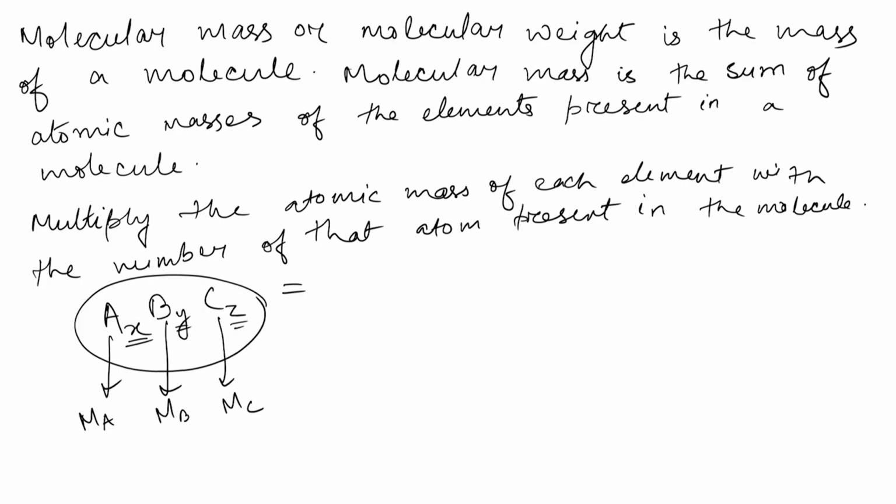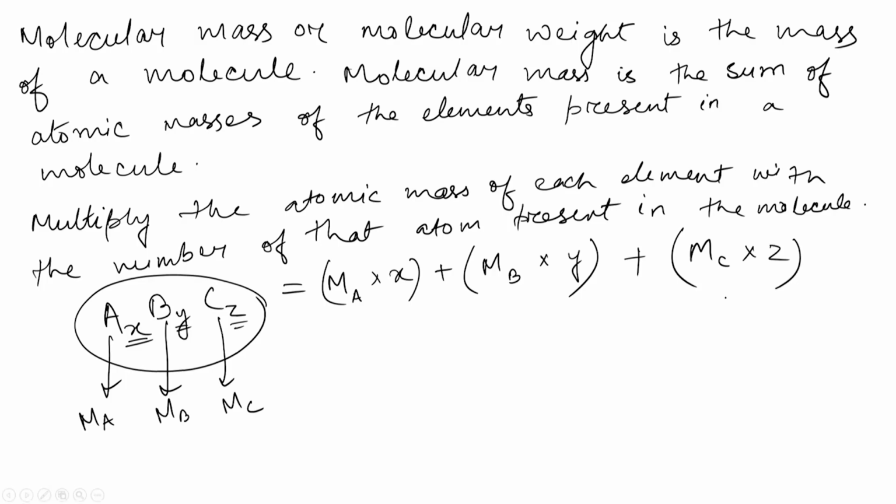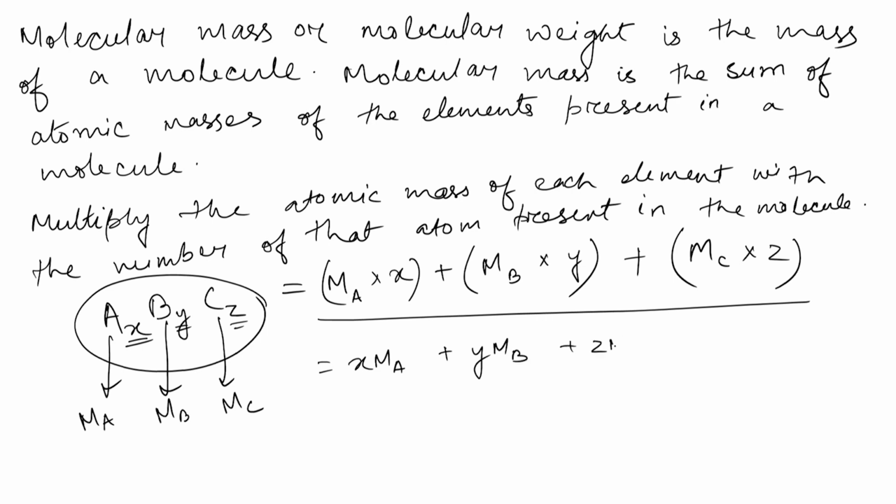We will calculate the molecular mass as the atomic mass of A multiplied by the number of atoms of A, plus the atomic mass of B multiplied by the number of atoms of B, plus the atomic mass of C multiplied by the number of atoms of C. So, the molecular mass of AxByCz is x Ma plus y Mb plus z Mc.